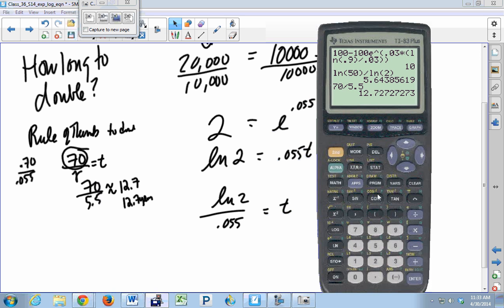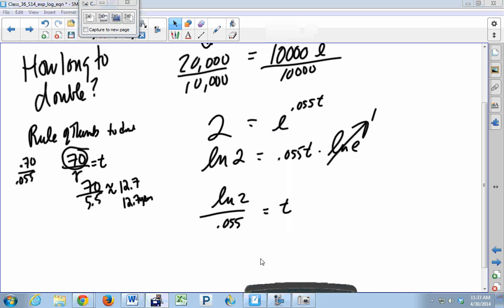What do you guess it's close to? Natural log of 2 is 0.6931, blah, blah. So if you have a 0.69 in there and you multiply top and bottom by 100, you get 69 over 5.5. But they don't want to call it the rule of 69, so they call it the rule of 70. All right?